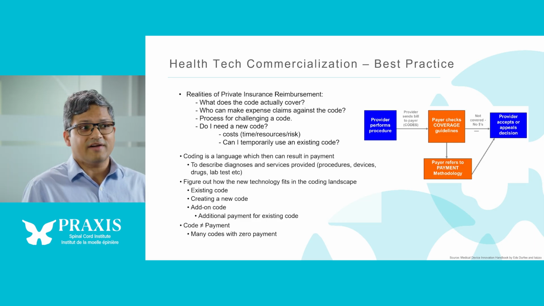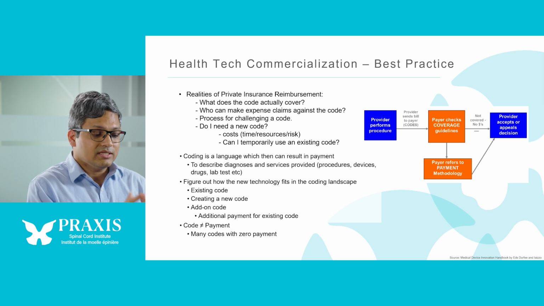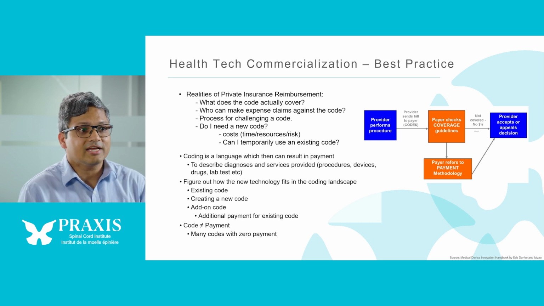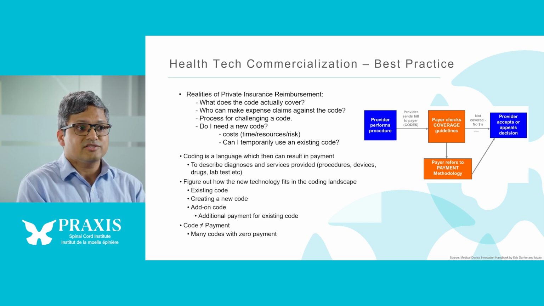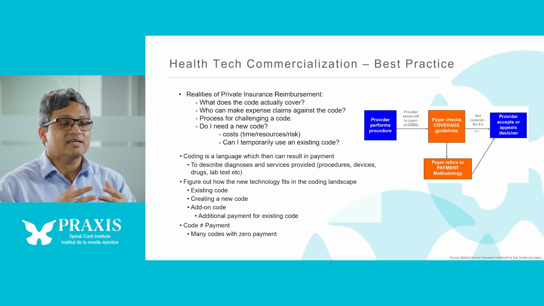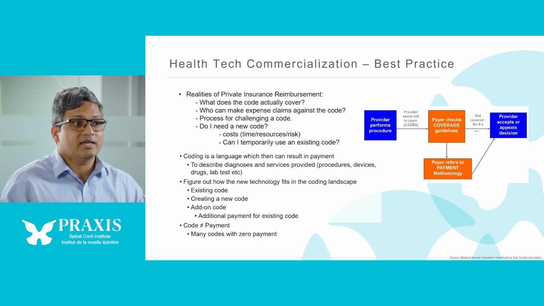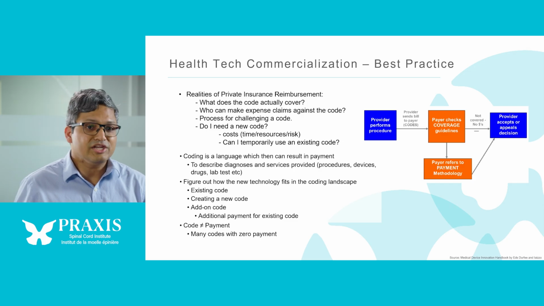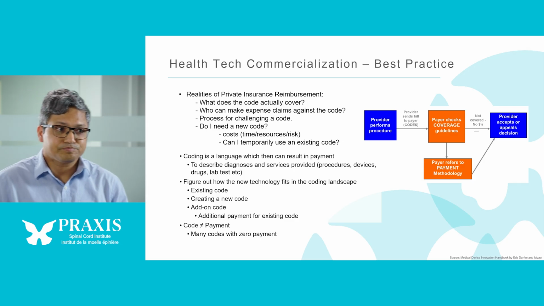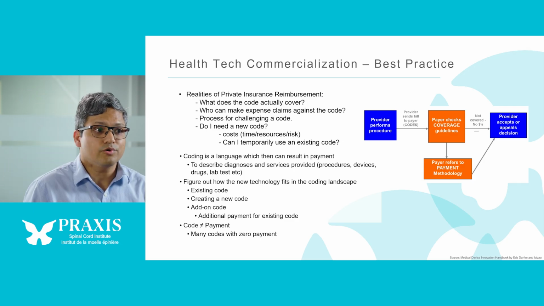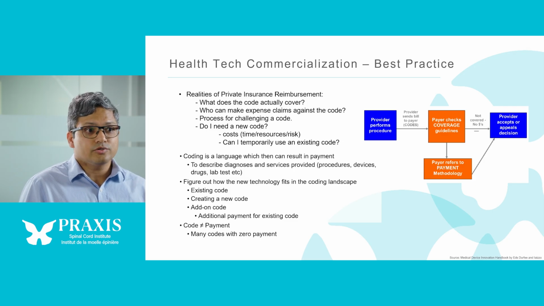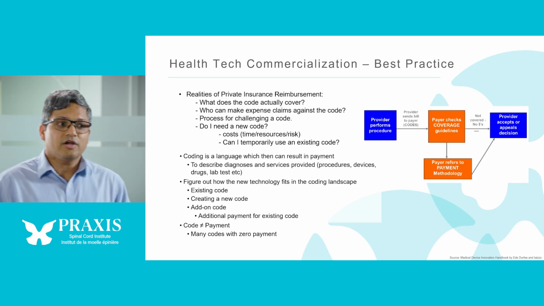And it's always advisable that even if there is an allied or associated code that you can expense your claims against, it is better to go for that instead of going for a completely new code at the very beginning. Because getting a new code can cost a lot, and it can also put you in a situation where it will be marked as an experimental code, which a lot of payers will not approve.